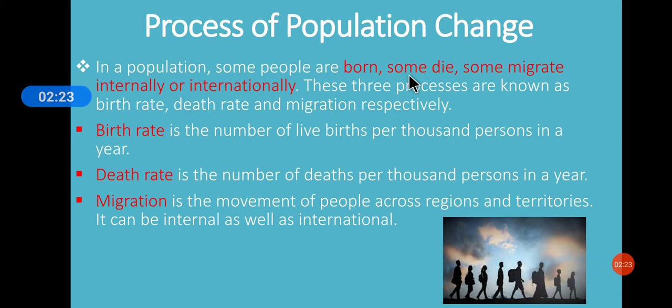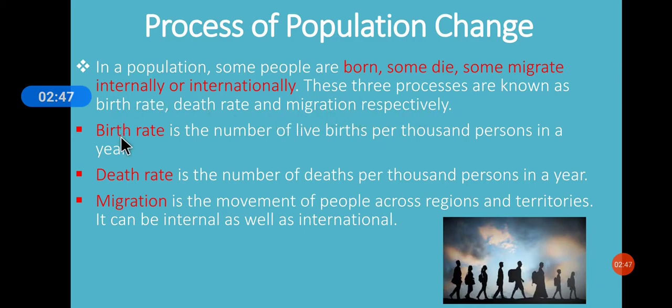People are dying every day, and there is migration of people, internally and internationally. That also changes the number of population in a region. These three processes are known as birth rate, death rate, and migration respectively.